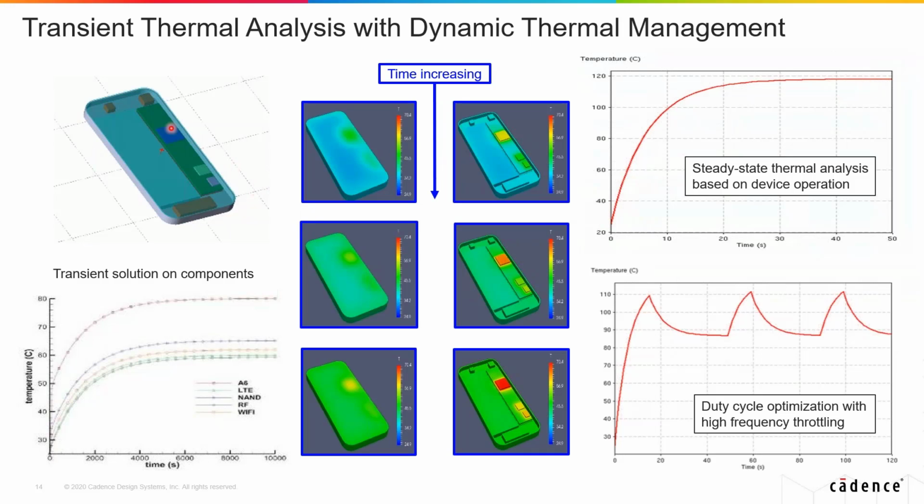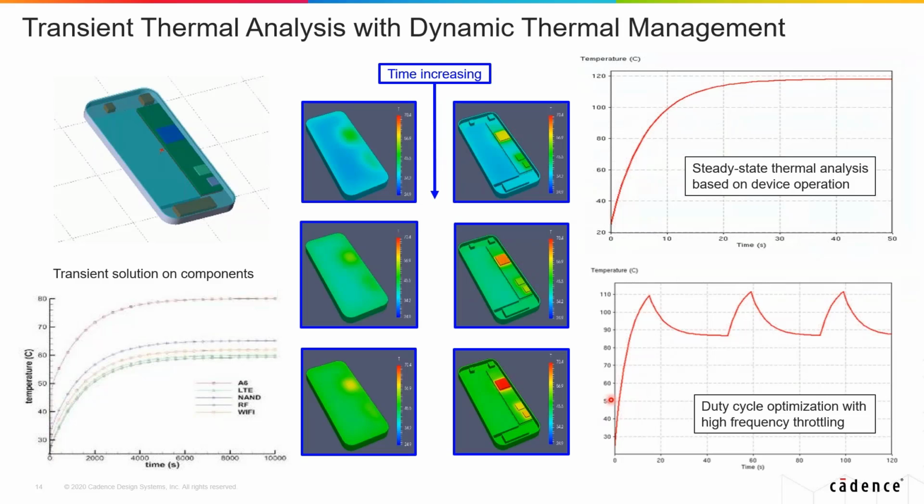But due to the different modes of operation inside the cell phones, designers may want to pump in large power to boost up performance at high frequency probably, and then do this throttling. So when they reach a certain temperature, then they tune down to the low frequency and then can go up to the high frequency again.